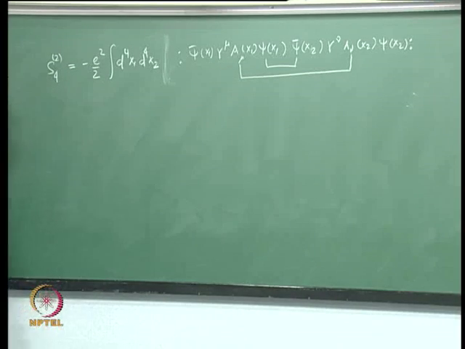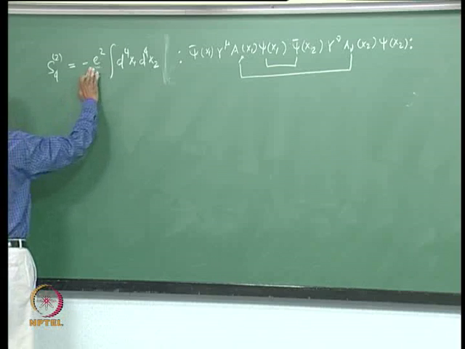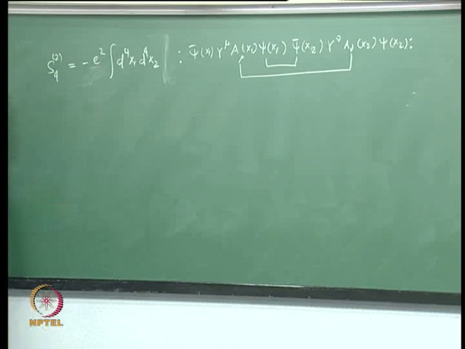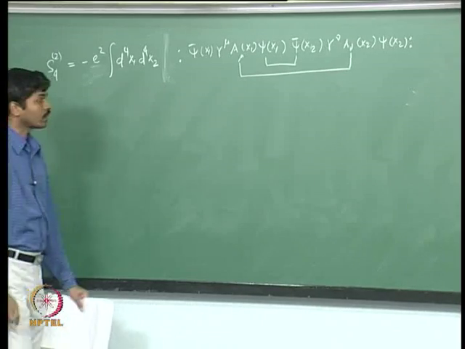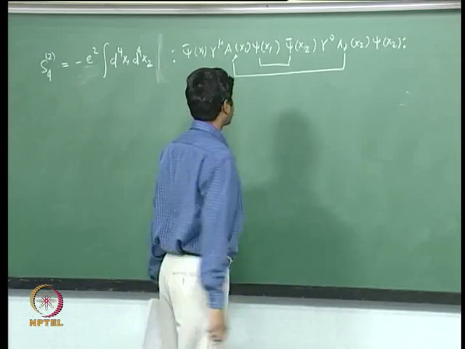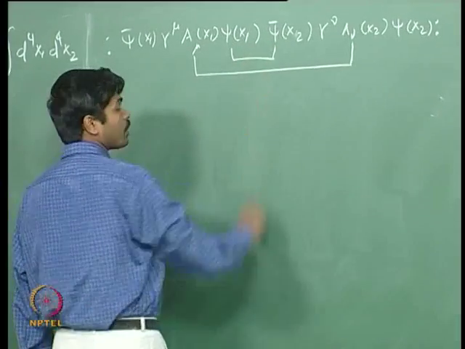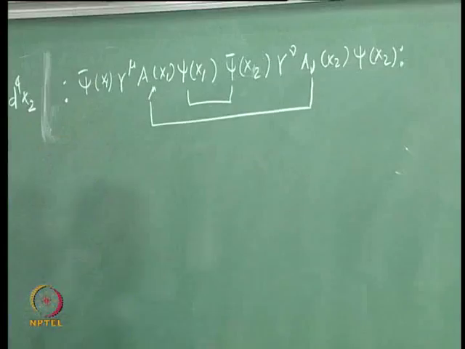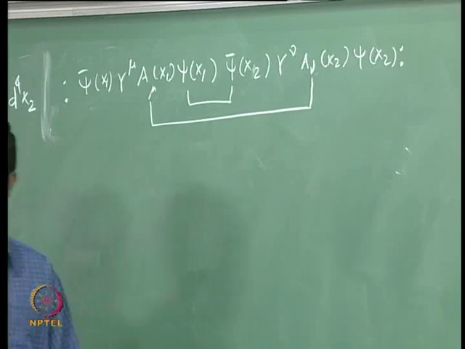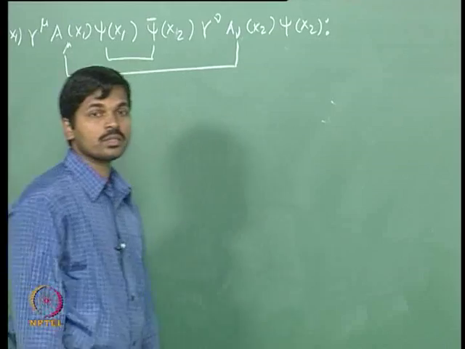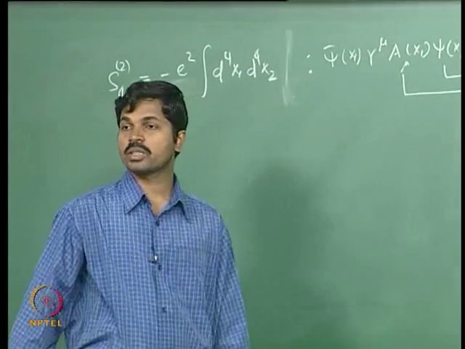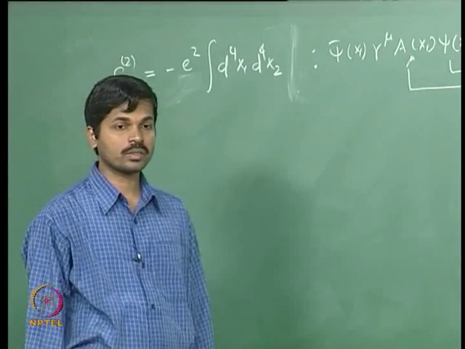So if you look at S24, there will be two such terms. After changing the dummy variable, they will be equal. So this is the term here. So what does it represent? It basically says that there is a fermion propagator and there is a photon propagator here, and then you can have one incoming electron and one outgoing electron, or one incoming positron and one outgoing positron.